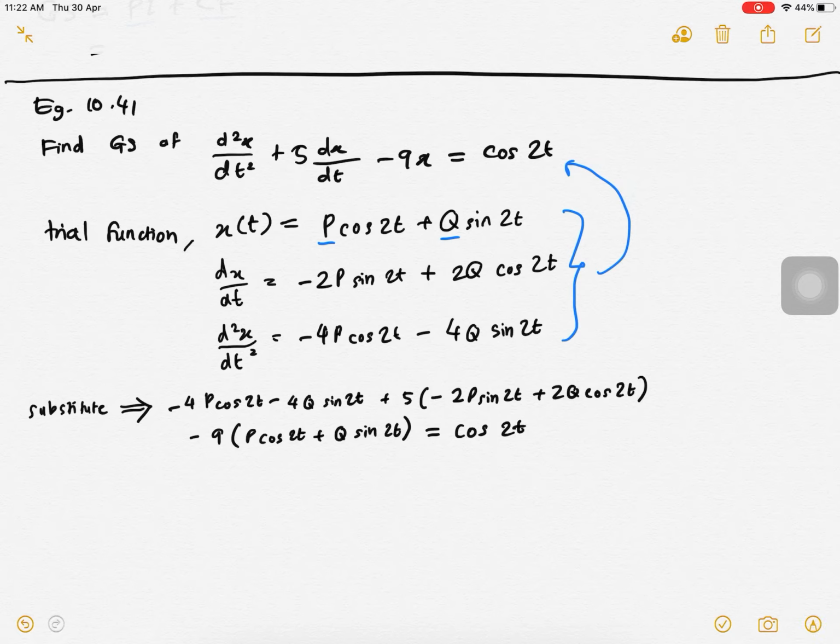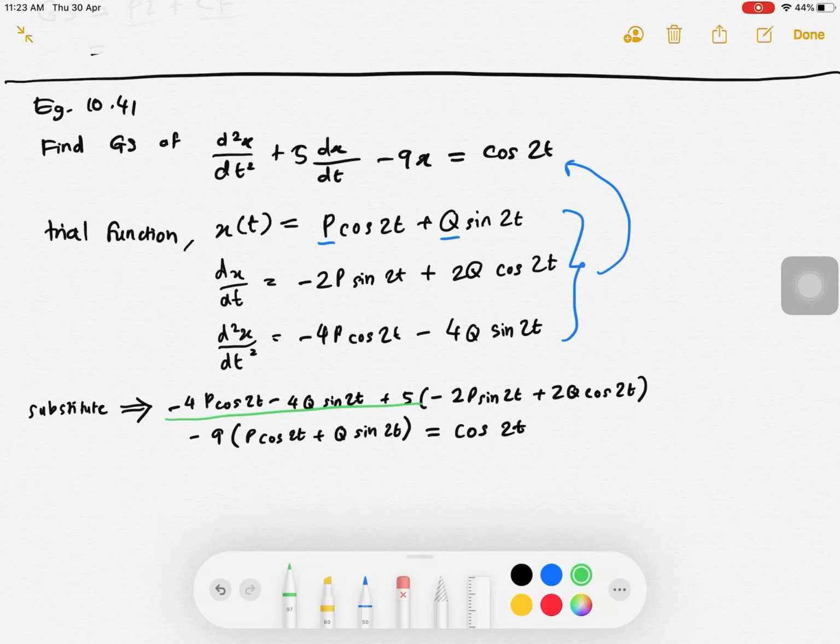So you can write it down properly, do not make any mistake. We use the same method where we compare the left hand side with the right hand side, but before that, we need to simplify this equation.